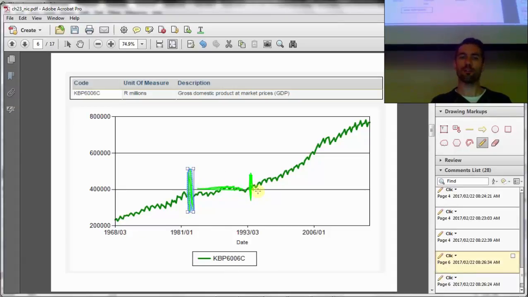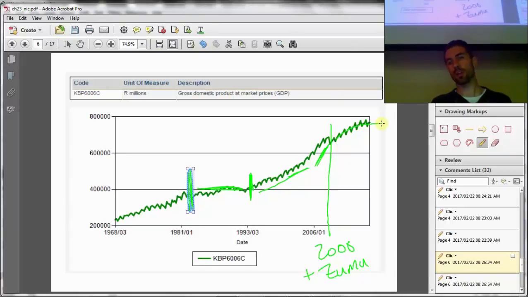After 1994, it starts picking up. Then it gets really, really good. This is about 2008, so this is the financial crisis, right? Plus Zuma. And you see that the growth rate is kind of, I don't know. We'll see what happens afterwards.